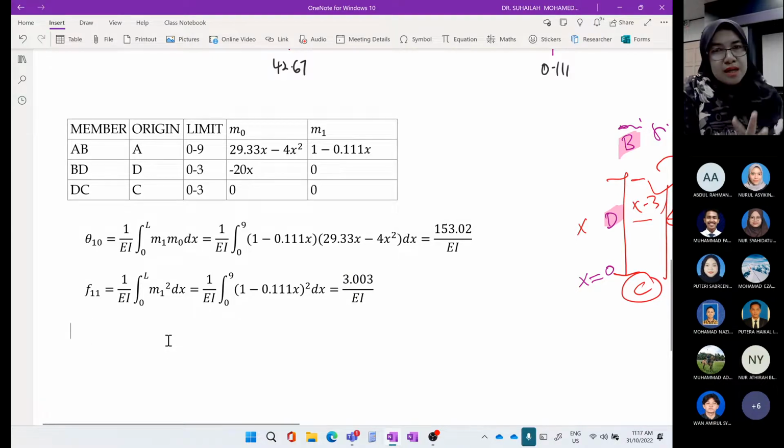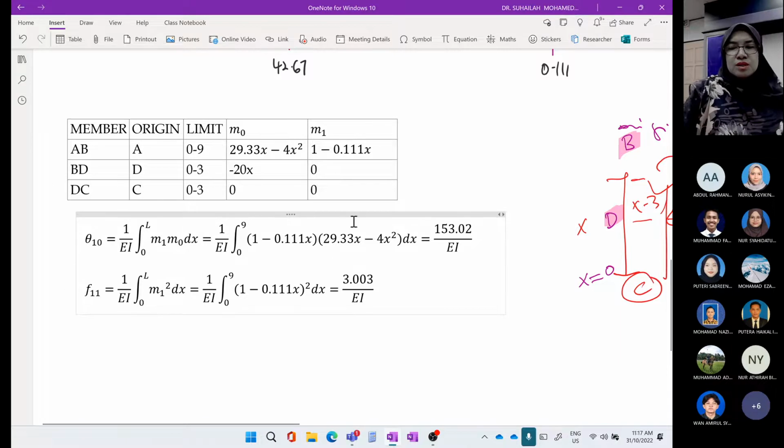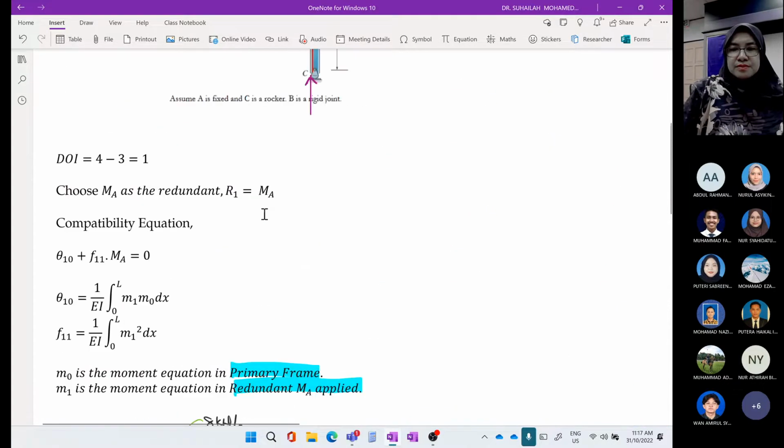So these are the two displacement. One in the primary system, one in the redundant system. Theta 10 and F11. Okay. So we substitute this into the compatibility equation.